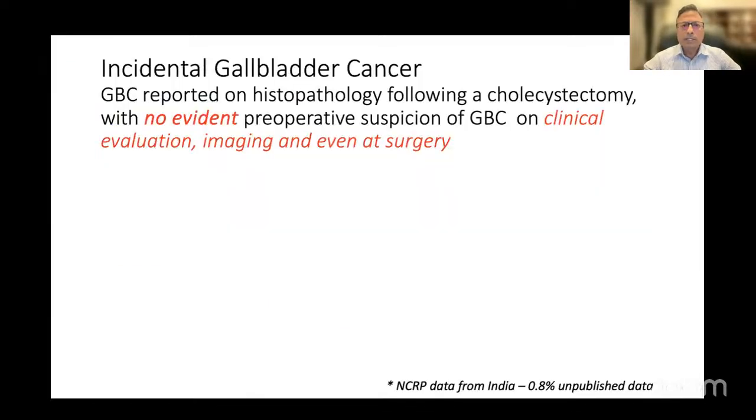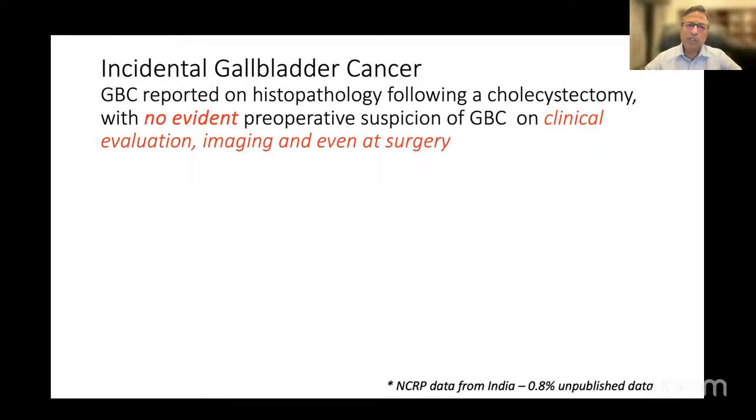Naturally, each time we talk about it, we need to reiterate the definition of incidental gallbladder cancer. The true incidental gallbladder cancer is where pathology reveals a malignancy and there was no evident preoperative suspicion on clinical evaluation, imaging, and even at surgery.